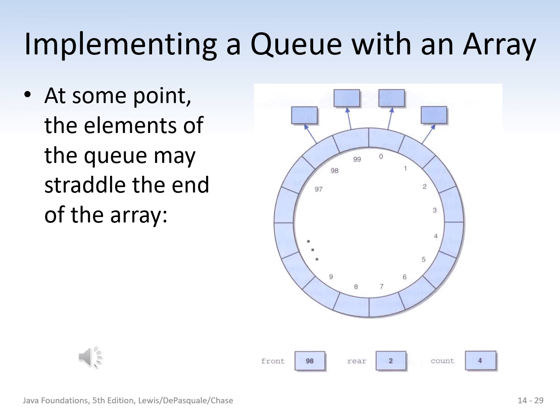So it goes from index 0 to 99. So front is at 98 and the rear is at 2. And in this scenario, the count obviously is 4, and you can see that graphically depicted in this slide.